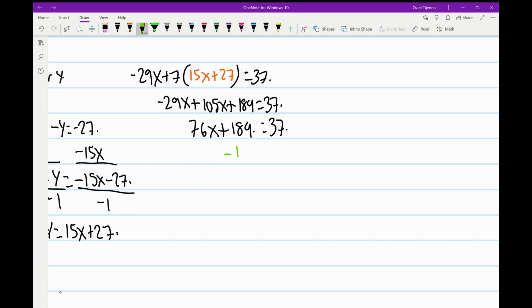So minus 189 on each side. 37 minus 189, that's negative 152. So 76x equals negative 152. If I divide by 76 on each side, I get x equals negative 152 divided by 76, that's x equals negative 2.